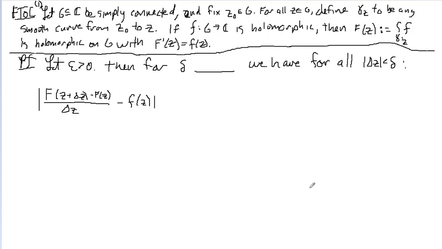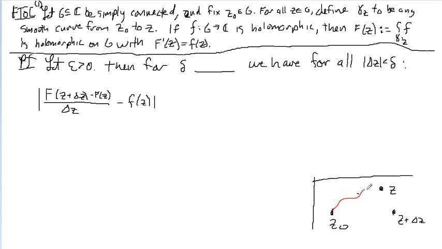The way I can do that is, maybe just down here, I'll draw a little picture. So here's my z naught. Here's my z that I care about, and here is maybe z plus delta z. I'm going to draw 3 paths.